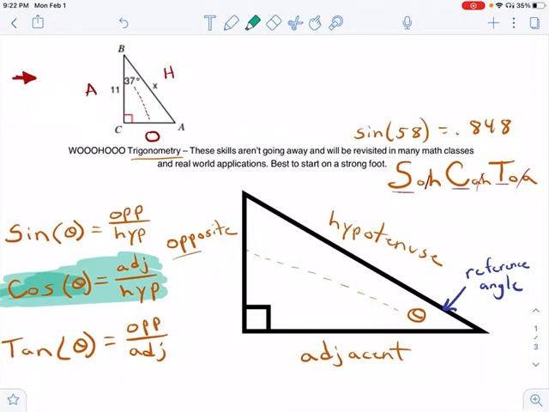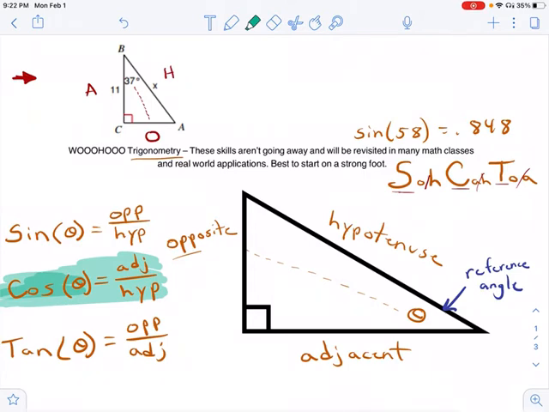So even though I'm missing one of those values, it's still going to give me a partially complete equation that I can solve. If I did sine, I'd have opposite and hypotenuse, and I don't know either of those. If I had used tangent, opposite and adjacent, I have the adjacent, but I'm not looking for the opposite, so it's really not helpful.